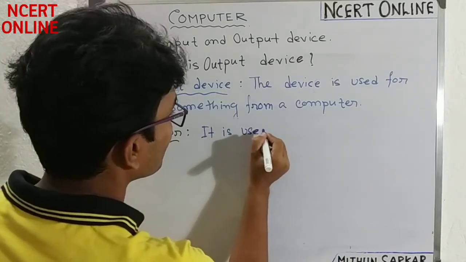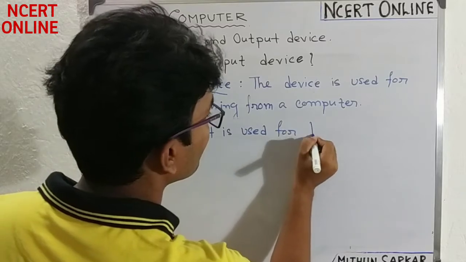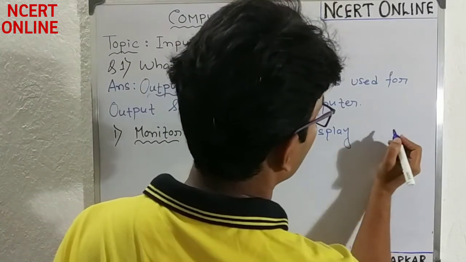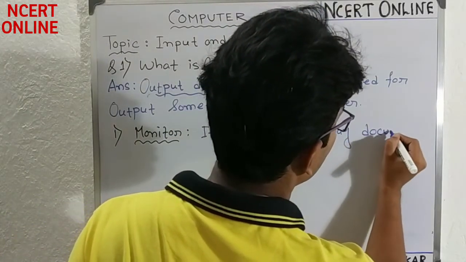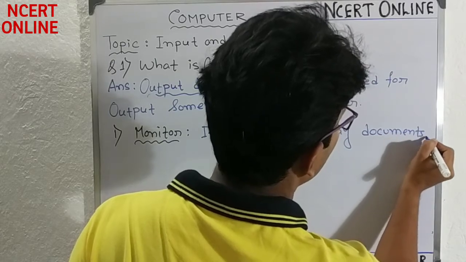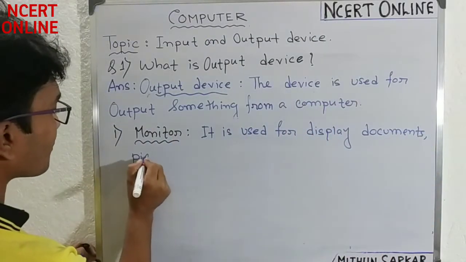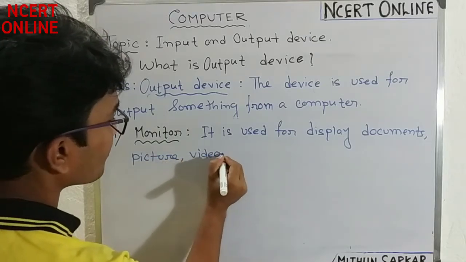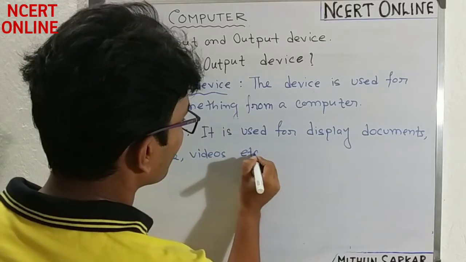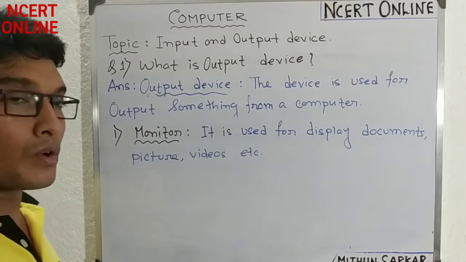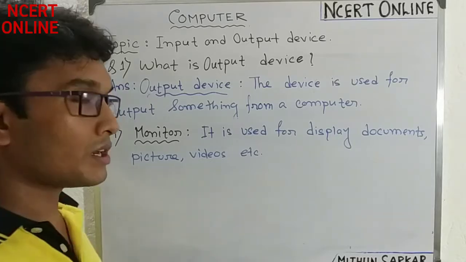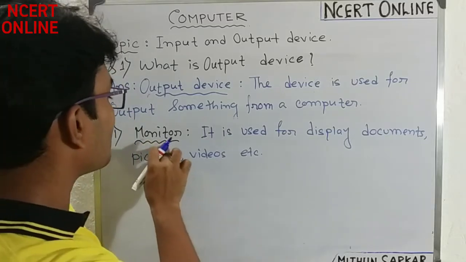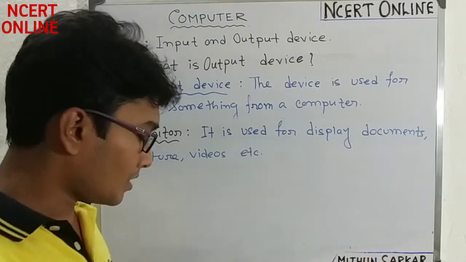It is used for display documents, pictures, videos, etc. Why do I write etc? Because whatever you want to display, whatever you want to see from your computer, it uses the monitor, because it is always displayed on the monitor.